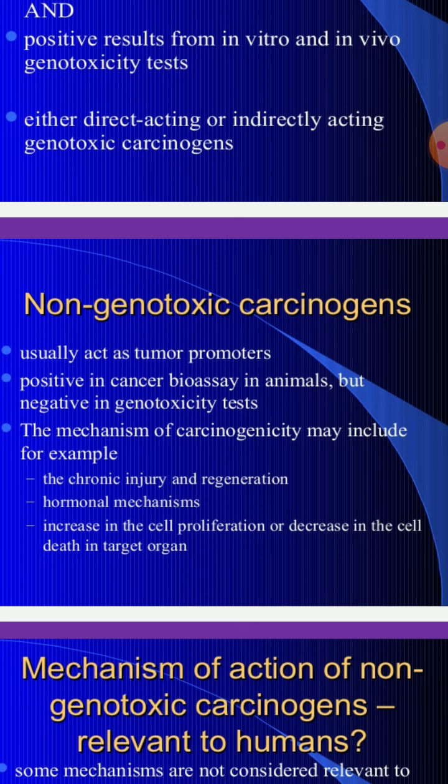The mechanisms of carcinogenicity include, for example, chronic injury and regeneration, and hormonal mechanisms, with an increase in cell proliferation or a decrease in cell death in the target organ. This is how carcinogenicity happens in non-genotoxic carcinogens.